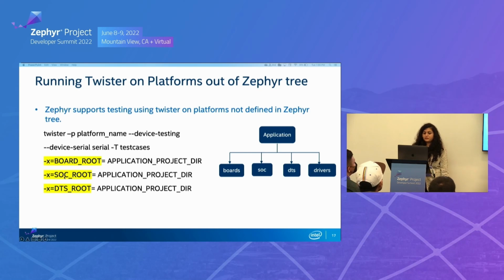You can still invoke Twister with the boards which you have, but you need to provide the board root option, or the SOC root and the device tree root, which you can leverage to provide all the files that Twister needs in order to make the board available as per the Zephyr specifications. So this is the Twister command where you give the platform name and also the board root, the SOC root and the DTS root, and point to them.